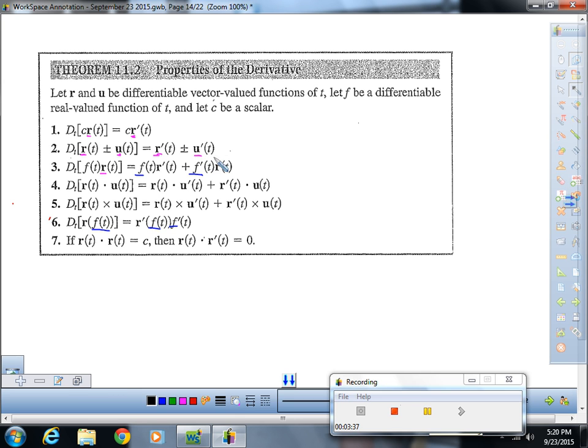I'm not going to read through all of them, but I would like to point out that after number 2, from 3 to 6, these are like our vector valued chain rules. All of those are a variation of the chain rule.